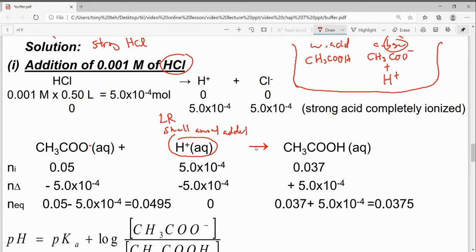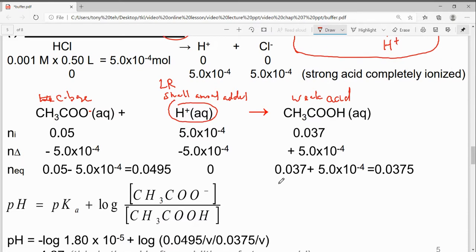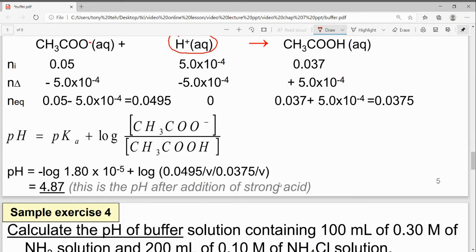It will be completely consumed. So same thing, we will still get the conjugate base and weak acid mole. We do not use concentration because the volume is the same. So substitute again into the same thing, the Henderson Hasselbalch equation. Then you will get the final answer pH. You can see the final answer is 4.87.